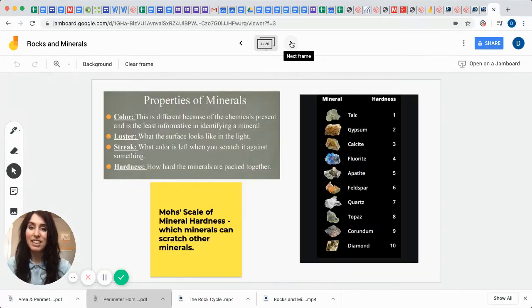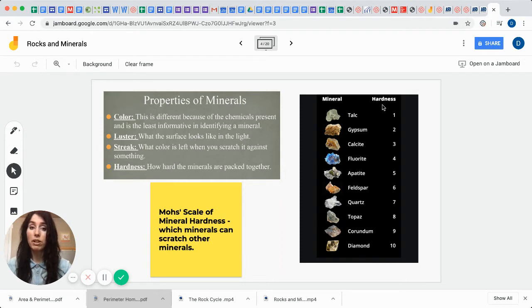So far, so good. Okay, so just really quickly, know that minerals have a scale called the Mohs scale of mineral hardness, and it tells us which minerals break apart really easily, and which ones are more dense and do not break apart easily at all.